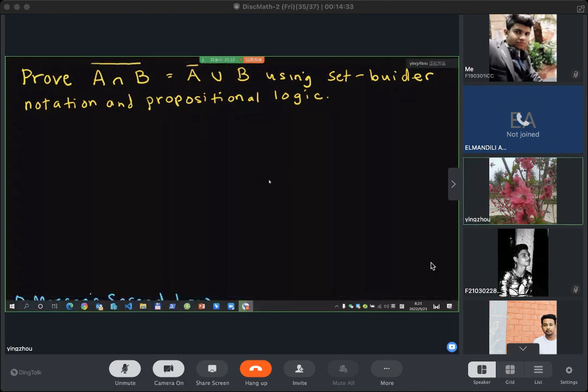So the previous proof used the definition, which is the first way, and the second way we can use set-builder notation, listing the items. This is the calculation.